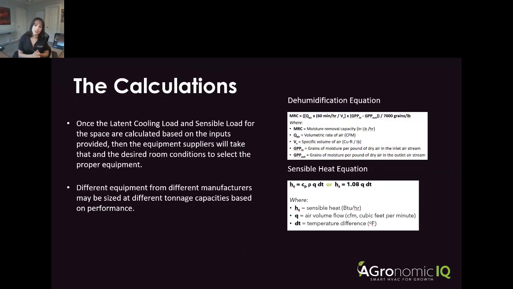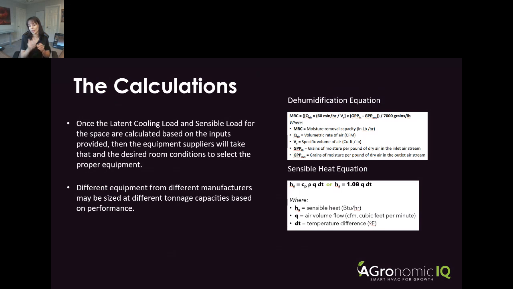Once all that information is gathered and provided to your MEP in conjunction with us or on their own, depending on how familiar or comfortable they are, they will do different calculations. They will come up with the latent cooling load and the sensible load in the space based on the inputs provided.